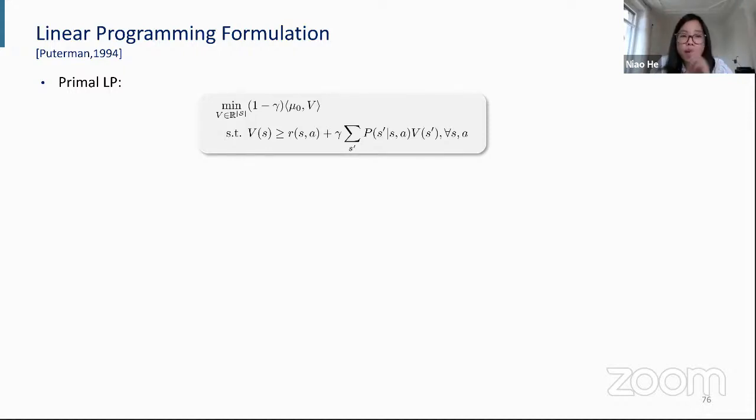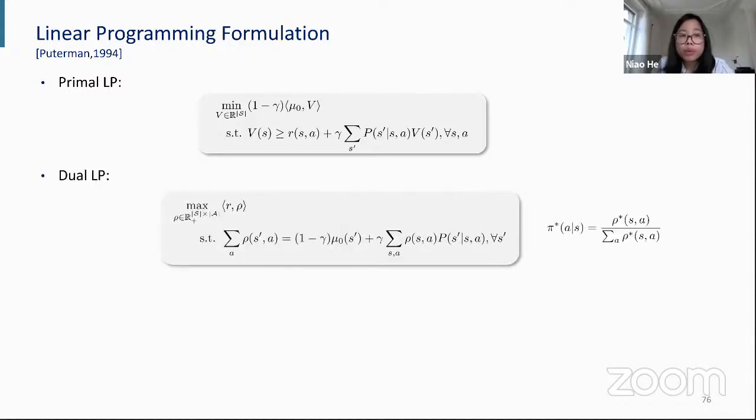You have a linear objective, where mu0 is your initial distribution. And these constraints correspond to the Bellman equations, as you can see. You can write down the dual formulation of this LP, which can also be easily derived based on this definition of the state-action visitation or occupancy measure rho, and this gives you the dual LP.